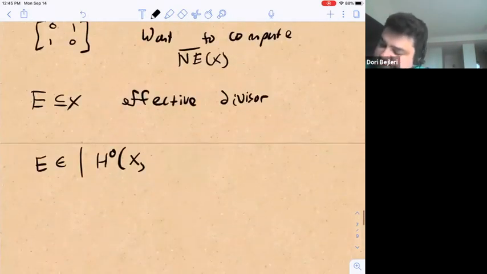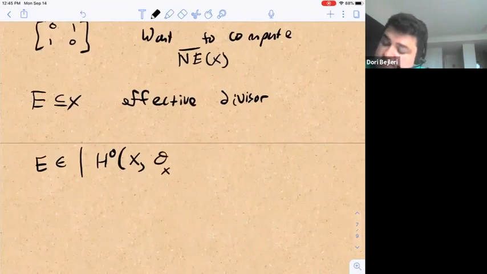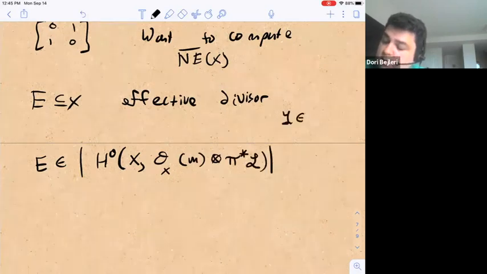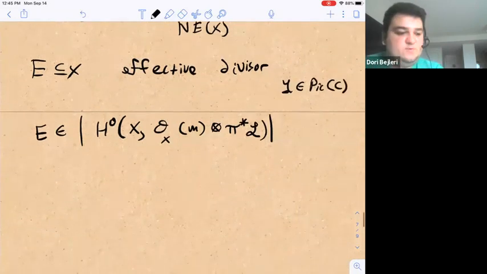So whatever E is, it has to be the vanishing of a section of a line bundle of the form OX of M tensored with some pullback from the curve. And now we can compute this.